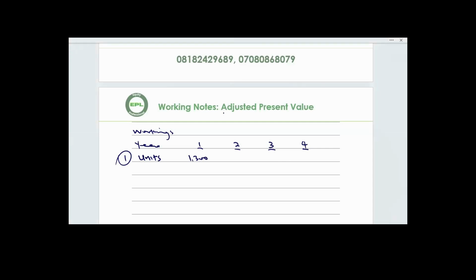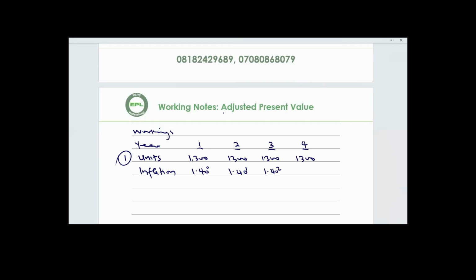Okay. Let's use the primary school method. Then this one will be inflation. So 1,300, 1,300, then 1,300. Because the sales units in the first year is given to us, you are not going to inflate the first year units. So the second year will be 1.4 raised to power 1, then 1.4 raised to power 2.